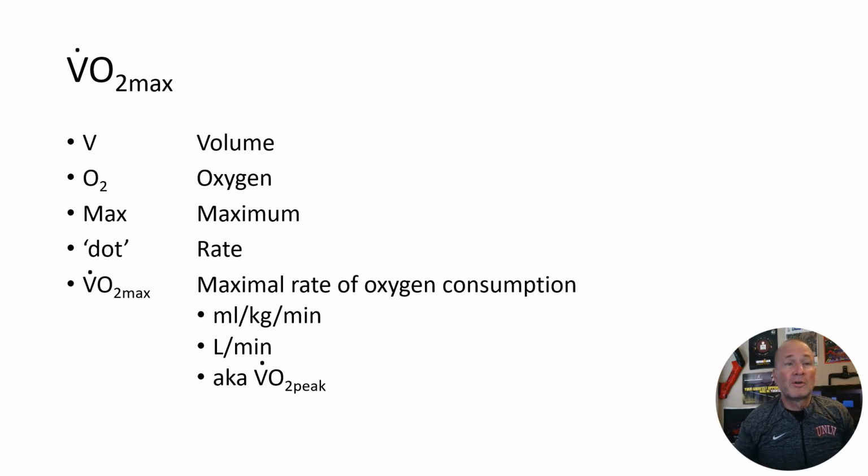When I get to a point where I can't continue, then I've reached my maximum rate of oxygen consumption, and that's what this represents. So VO2 by itself is rate of oxygen consumption, and we measure that for all different activities. VO2 max is a single number to represent the max capacity to use oxygen.